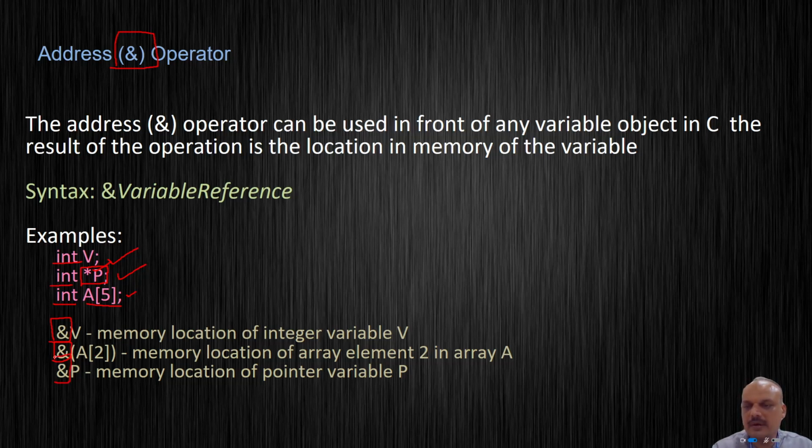When used with p, now that's interesting, it gives me the memory location of the pointer variable p. You can see that even p is a variable, and every variable is nothing but memory addresses. So address of p gives me the address of the pointer.